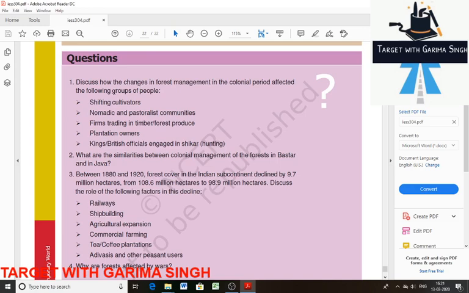Shifting cultivation was a traditional agricultural practice in many parts of Asia, Africa, and South America. Parts of the forest are cut and burnt in rotation.